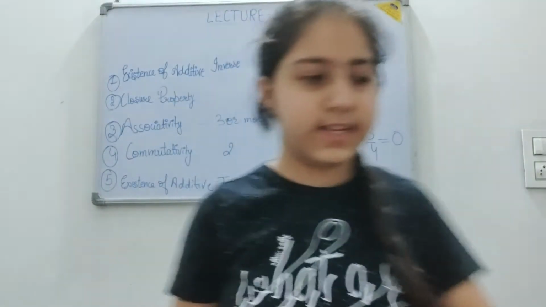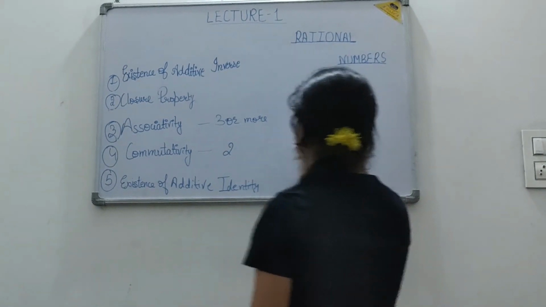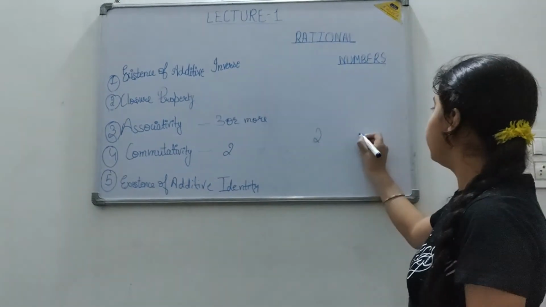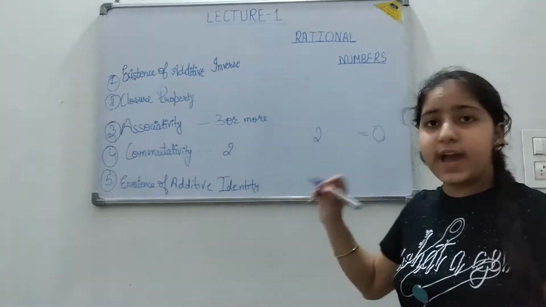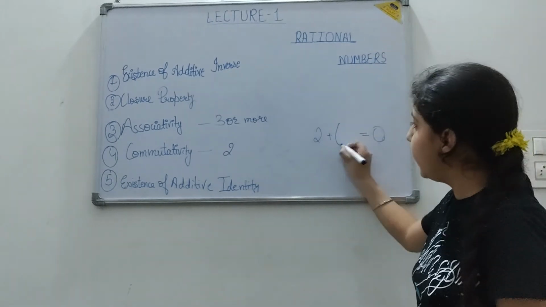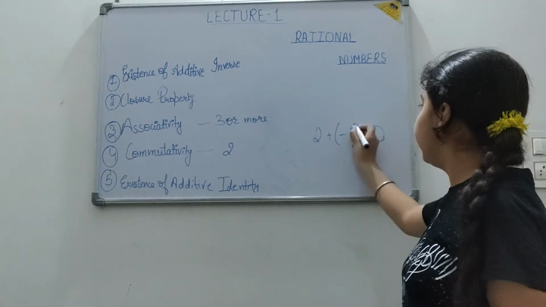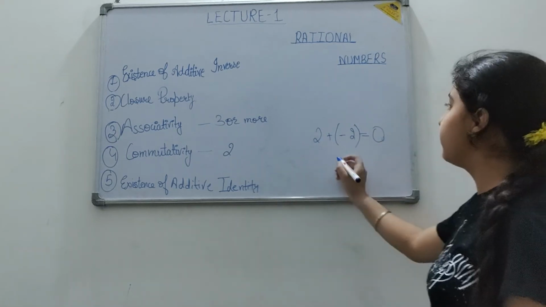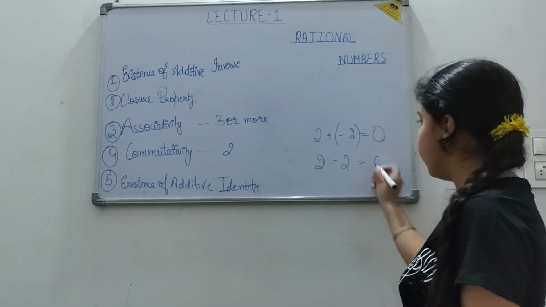Let's take an easy example: if you have 2 candies and you want to be left with 0 candies, what will you add? You will add minus 2. Then 2 minus 2 will be 0.